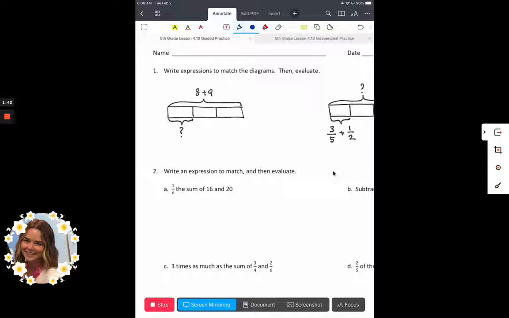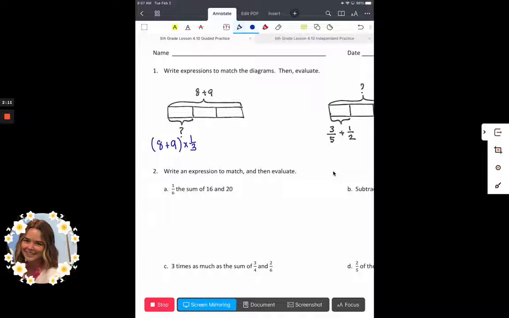And then the question mark, what we're trying to figure out, is 1/3 of that. So we start with our 8 plus 9. We're going to write that inside parentheses. And then we want to know what 1/3 of that is. So we're going to multiply it by 1/3.